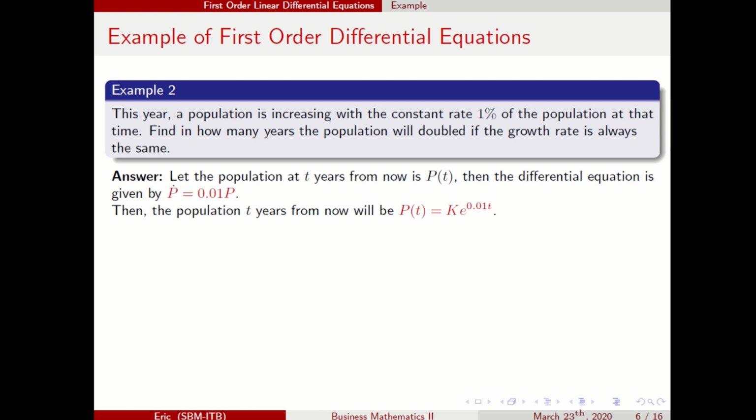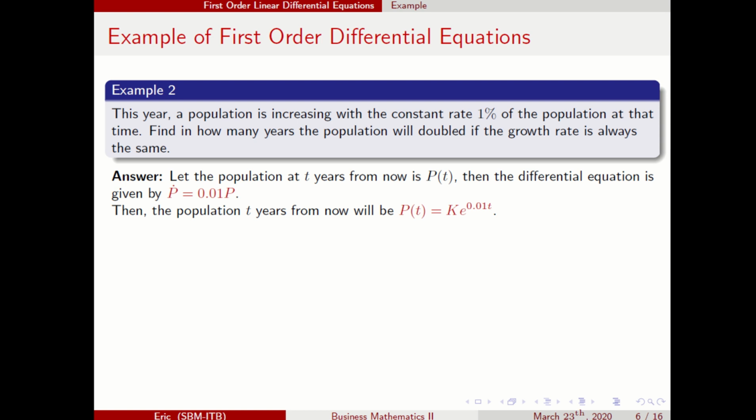So let the population t years from now be p(t), then the differential equation is given by p dot equals 0.01 p. This is the same, 1% of that population. How p changes with time is 0.01 times p. Then the population t years from now will be p(t) equals k e to the 0.01 t.